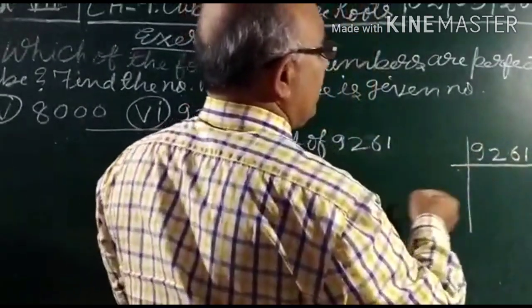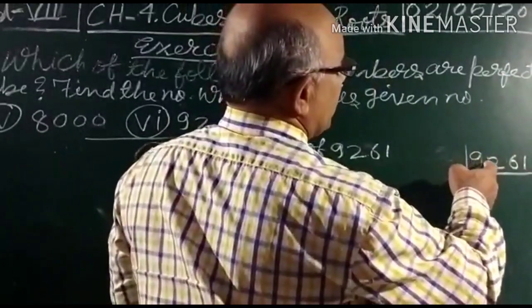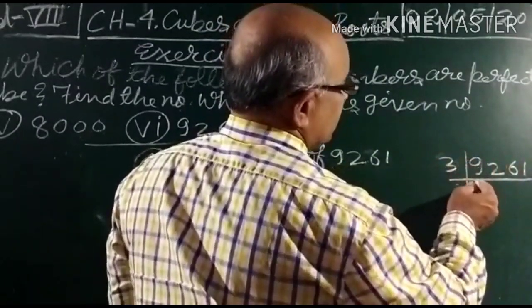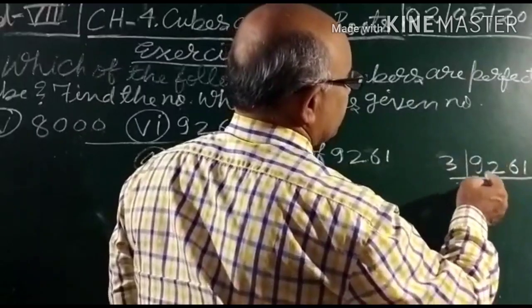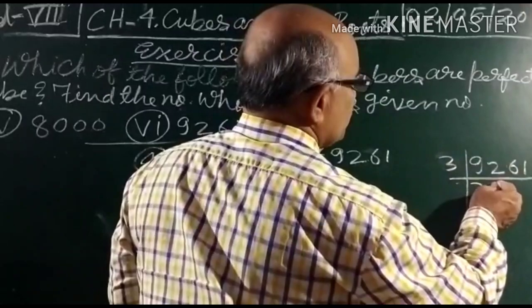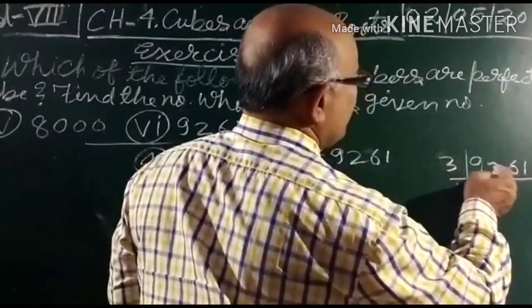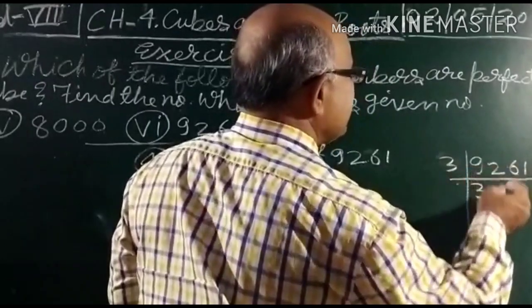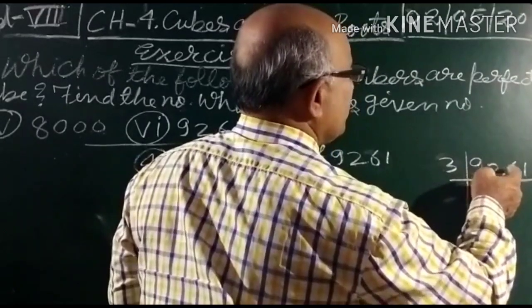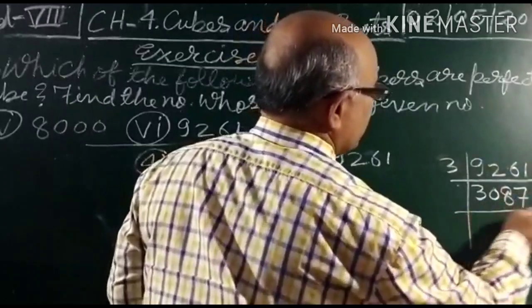Now find 9261. First divide by 3 times. 3 threes are 9, 3 threes are 9, 2, 0, 2 and 6. 3 eights are 24. 3 sevens are 21.